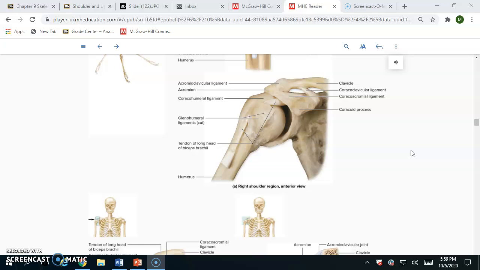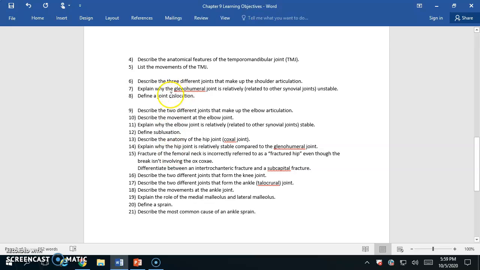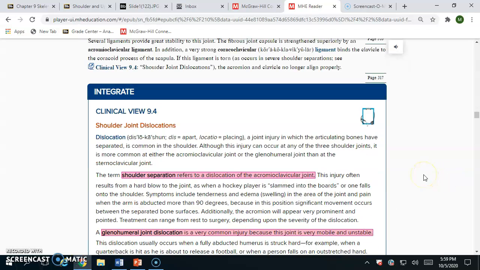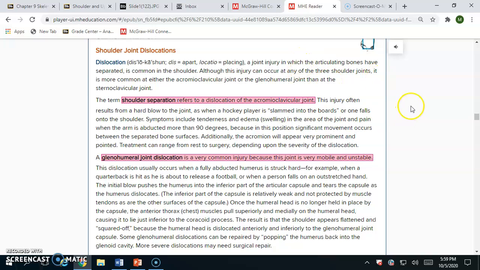The next thing we'll talk about is joint dislocation. We usually talk about that with shoulder joints, since this is a joint that's less stable than a lot of other joints in the body, so it's more likely to become dislocated. A dislocation is any injury where the bones forming the joint, or articulating, separate.